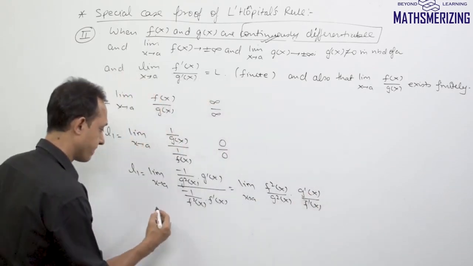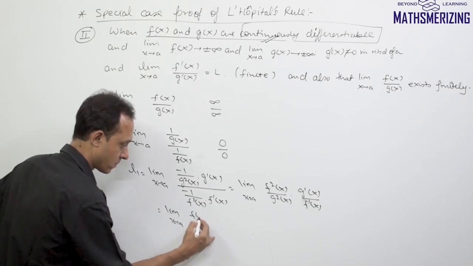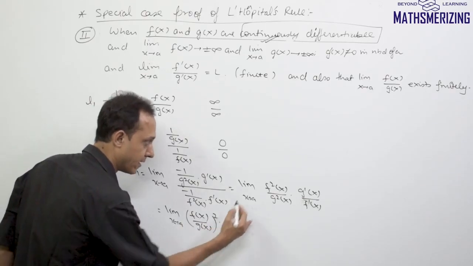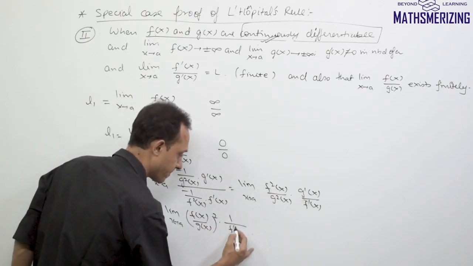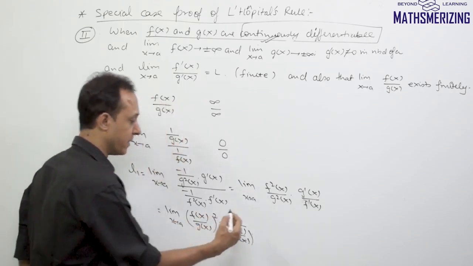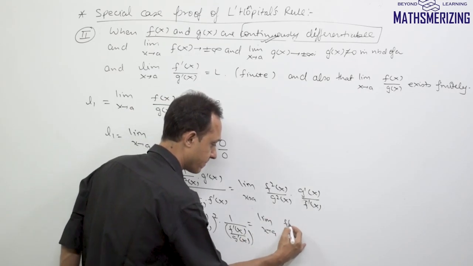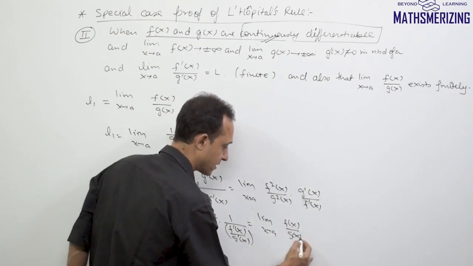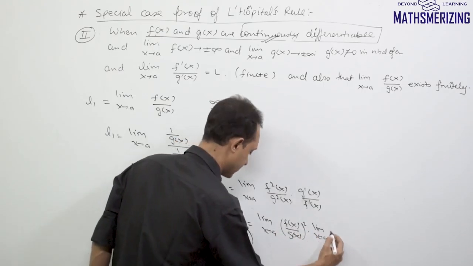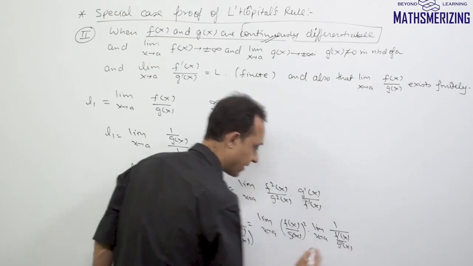So I'll write it as limit x tends to a (f(x) upon g(x)) whole square, and then 1 upon f'(x) and g'(x). So now I'll separate the limits: limit x tends to a (f(x) upon g(x)) whole square, and then limit x tends to a 1 upon f'(x) and then g'(x).